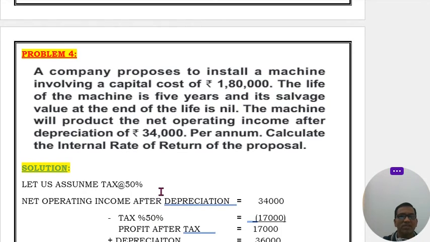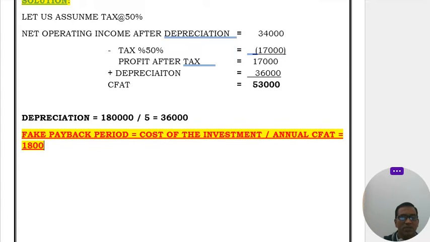Cost of the project is 180,000 divided by annual CFAT per annum 53,000. That equals 3.396. This is called F, fake payback period, or it is also called factor to be located.